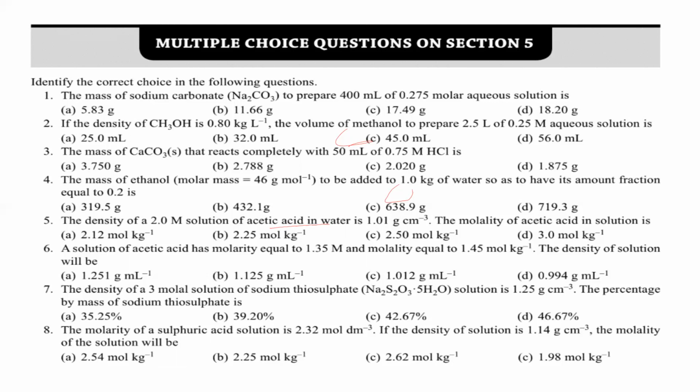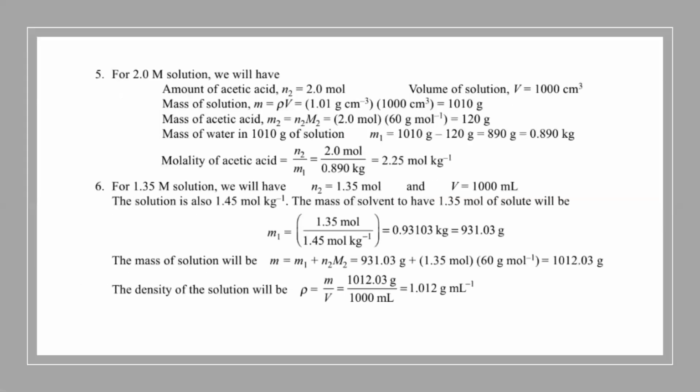So here the density of a 2 molar solution of acetic acid in water is given as 1.01 grams per centimeter cube, and they're asking us to find the molality of acetic acid in the solution. So here, open the slide, the hint. You can see here the hint is directly given.